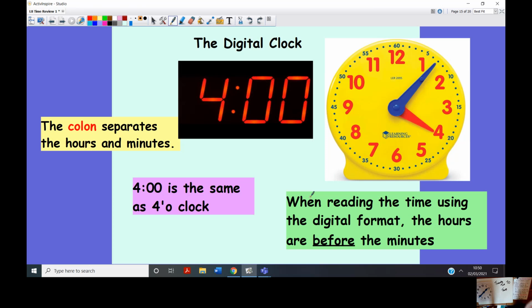Okay, so digital clock. Digital clocks are everywhere. We use them lots. So with the digital clock, what is mainly different is that we have a colon here which separates the hours and minutes. We write everything in numbers.